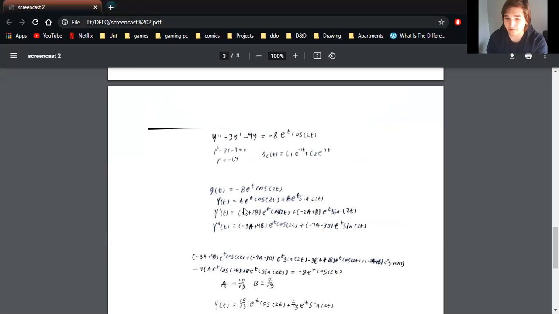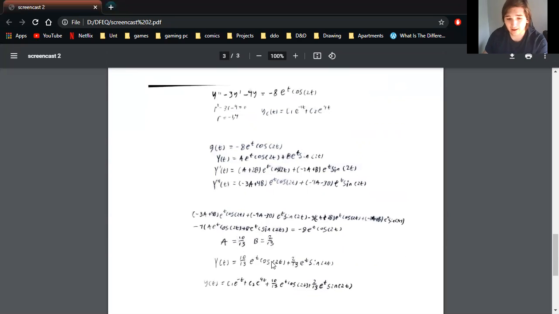We differentiate that twice, plug that into the equation, get this really long expression, and do the algebra to solve for a and b. Once you have those two, plug them back in, and you get a particular solution of 10 over 13 e to the power t cosine 2t plus 2 over 13 e to the power t sine of 2t. Plug that in, and that will be your entire solution.